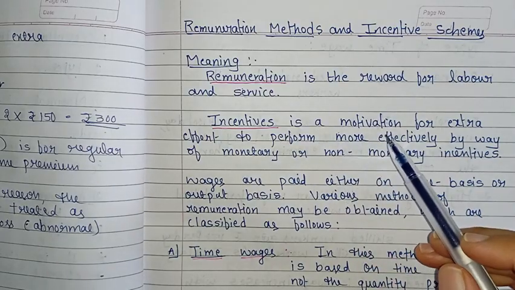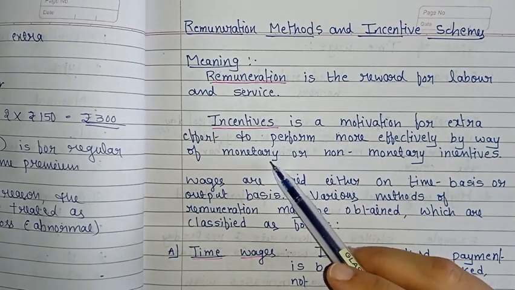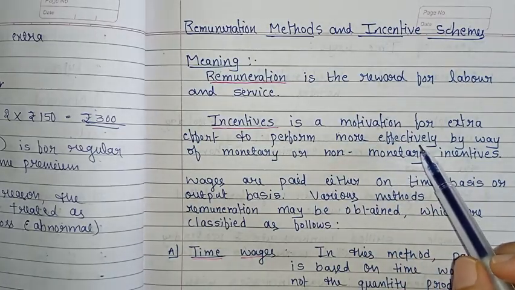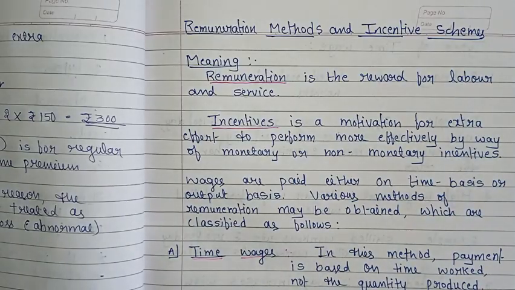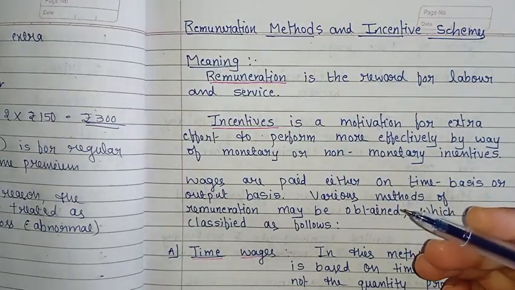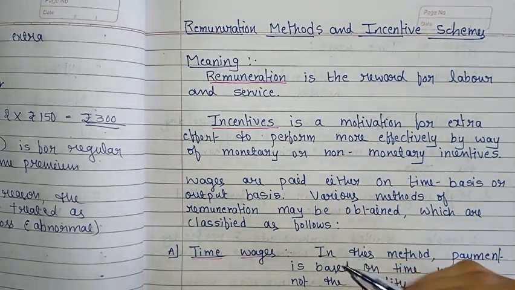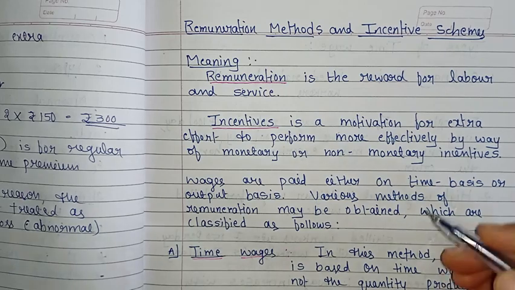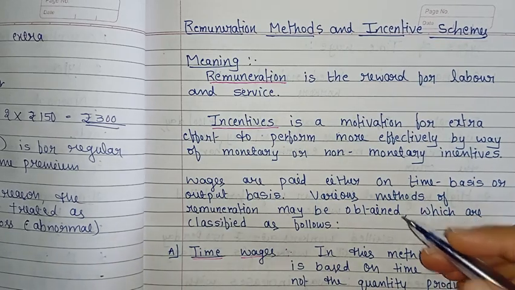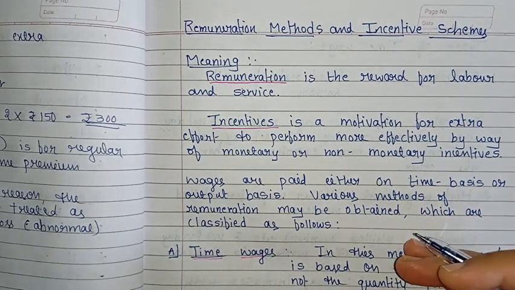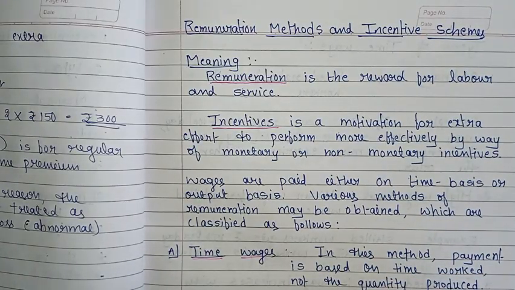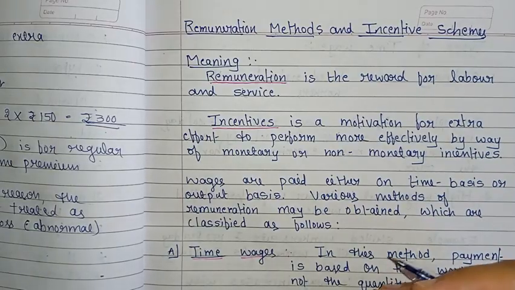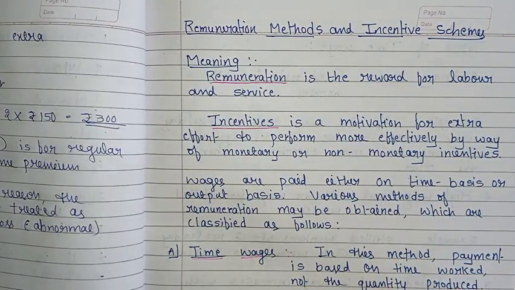An incentive is an extra reward given to the employees in addition to their regular wages or salary, to encourage better performance. Companies give incentives to employees for higher productivity and greater efficiency.